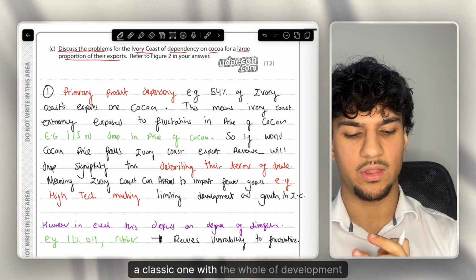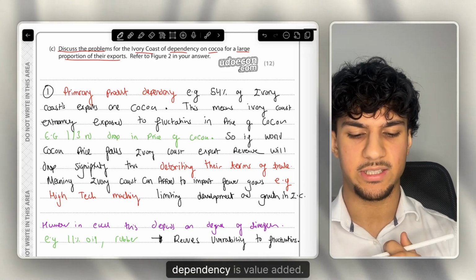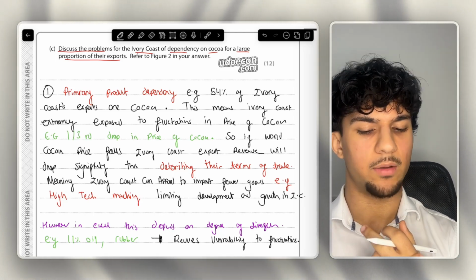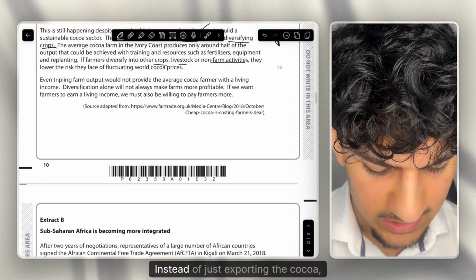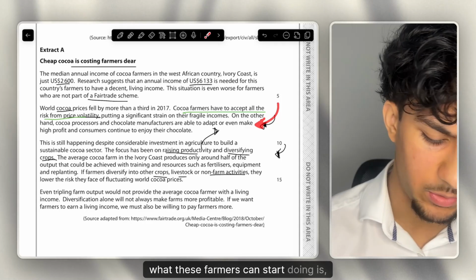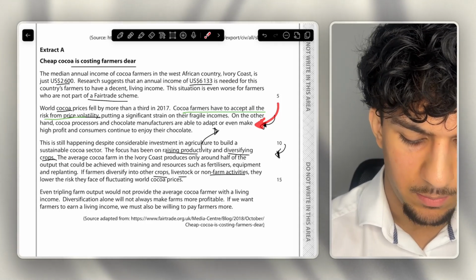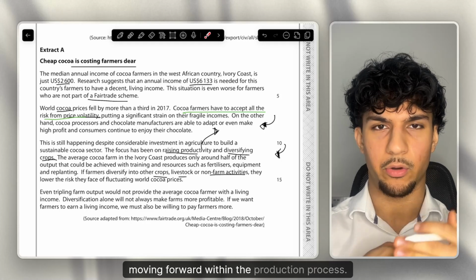And then a classic one with the whole of development, whenever we're thinking about primary product dependency, is value added. So with cocoa, I believe it mentions it somewhere in the extract as well. Instead of just exporting the cocoa, what these farmers can start doing is becoming the next stage in the process, moving forward within the production process.